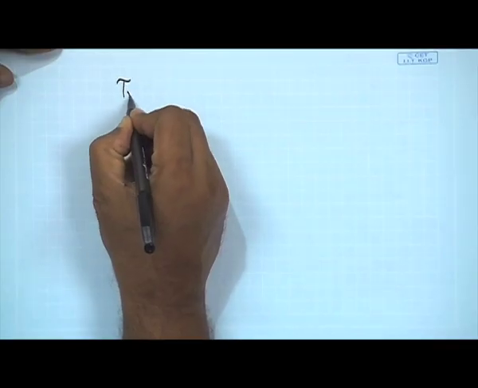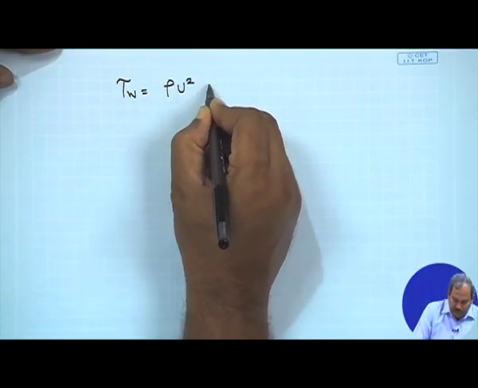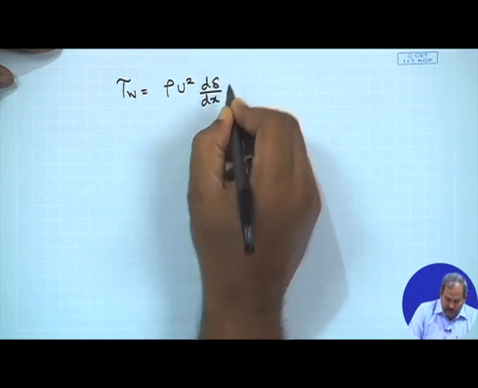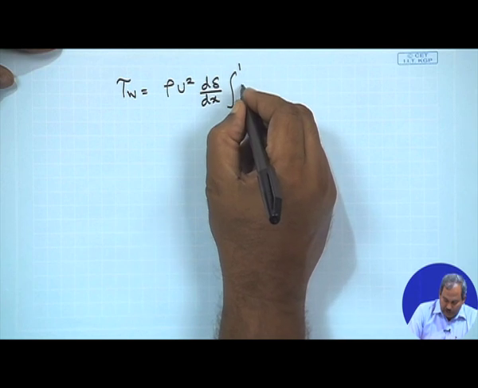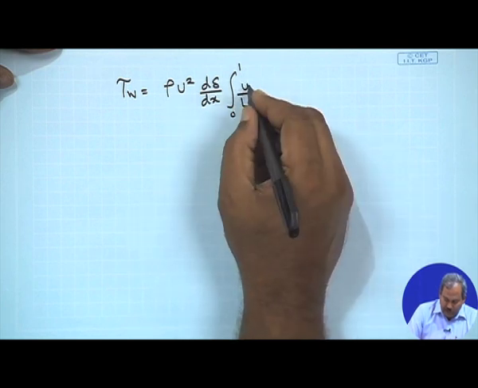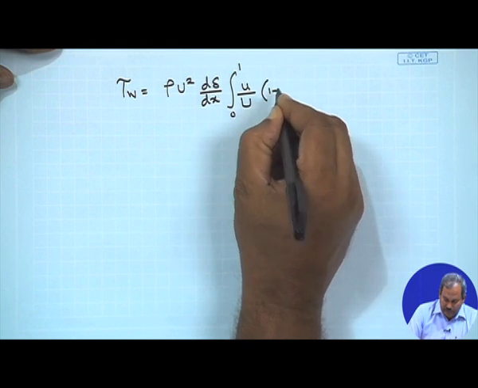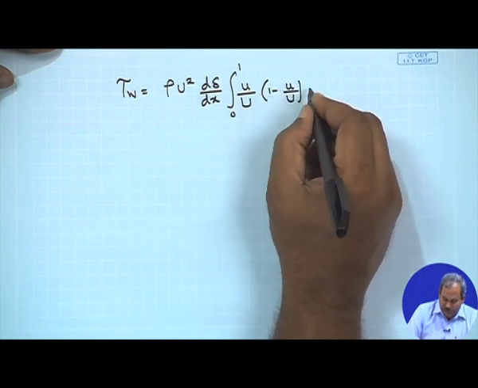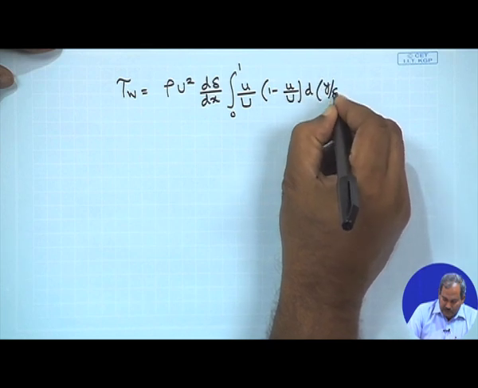So, we start with our analysis of the assumed profile that Vx by U is simply equal to eta, and see from there how to proceed in order to obtain the expressions for delta and CF. We start with the momentum integral equation, which is tau_w equals rho U squared d delta by dx times the integral from 0 to 1 of u by U, the velocity inside the boundary layer relative to the free stream velocity, times 1 minus u by U, d(y by delta).